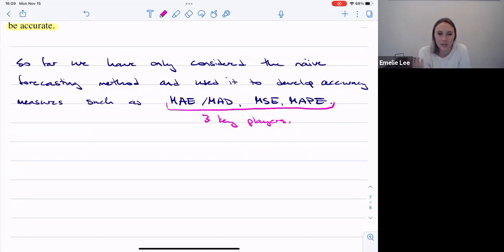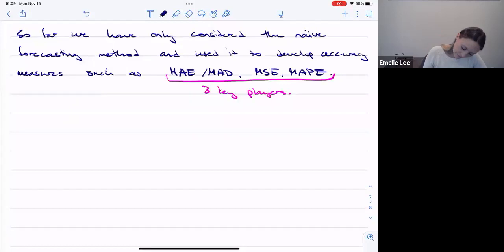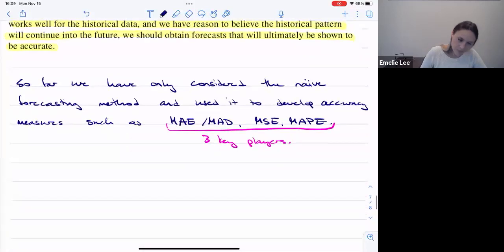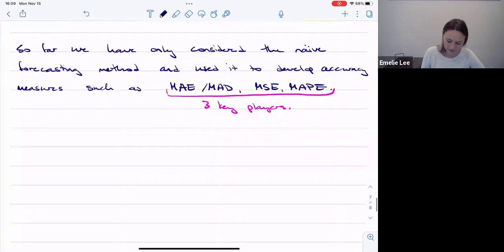Another one we're going to get into is the average of the last 3 weeks, or 2 weeks or 5 weeks or whatever. All of these make up different forecasting methods.